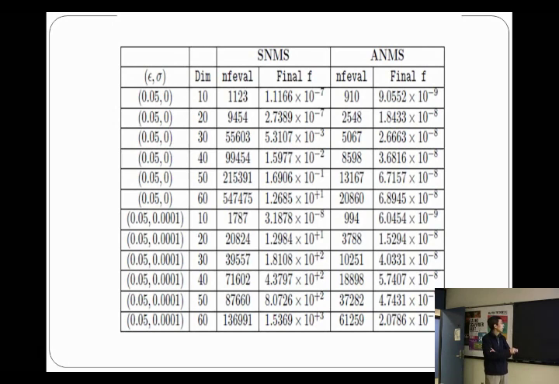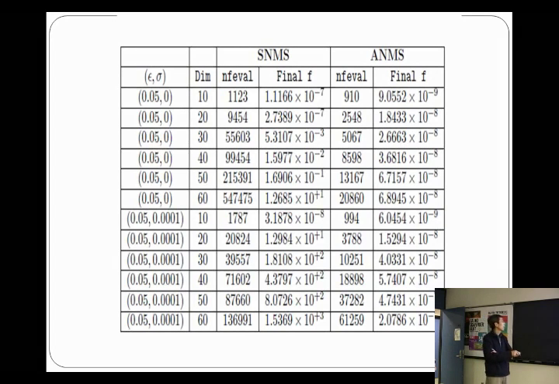Now if we look at the quartic case, we let sigma equal 0.01. In the standard implementation, we can see we get stagnant. We terminate at a pretty high objective value. We're still far away from the solution.